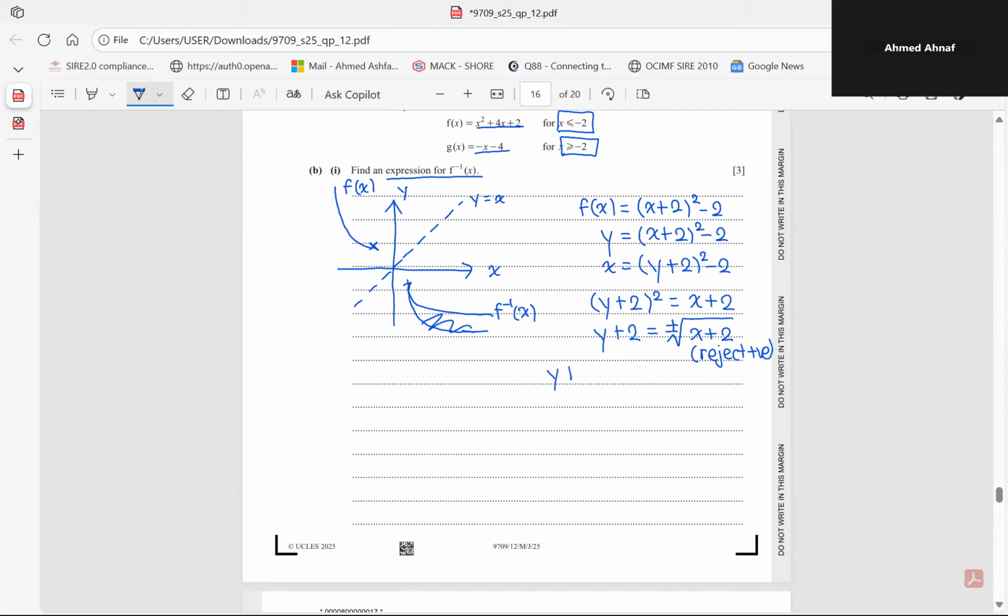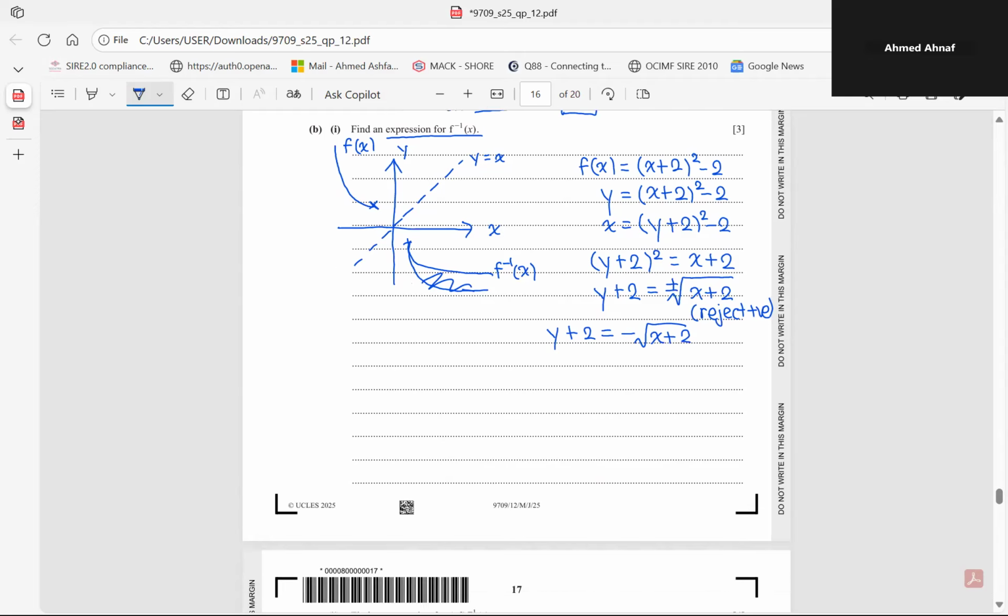Hence this would be y plus 2 equals negative square root of x plus 2. Okay, and then isolate y, so we'll get y equals negative square root of x plus 2, minus 2.